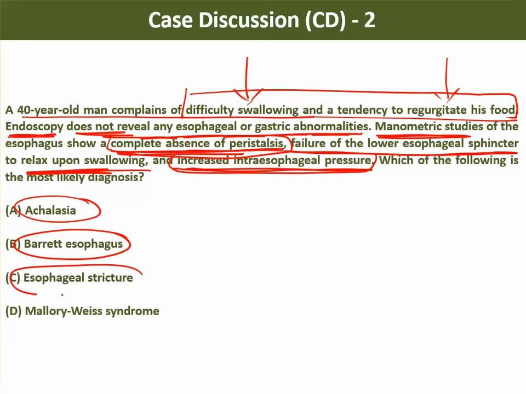Achalasia, Barrett's esophagus, esophageal stricture, and Mallory-Weiss syndrome. See, two are very distant distractors. In these four choices there is an answer, and the others are all distractors.